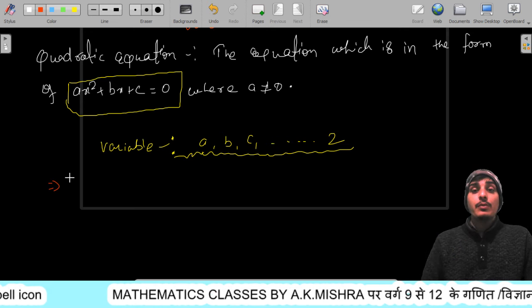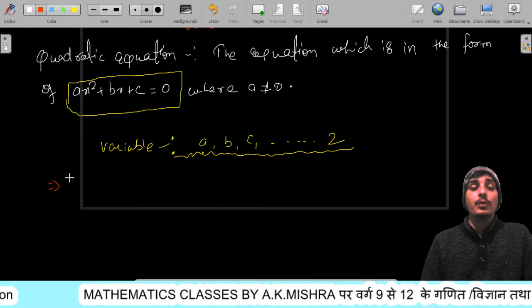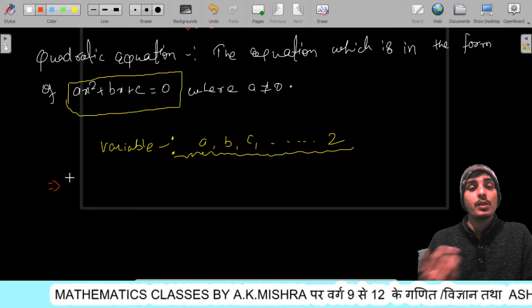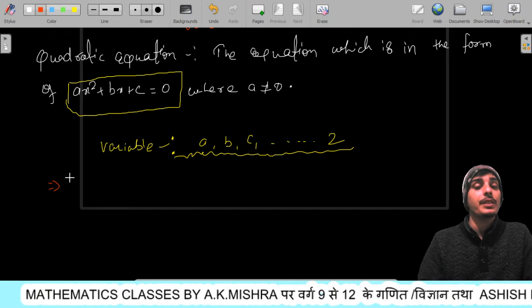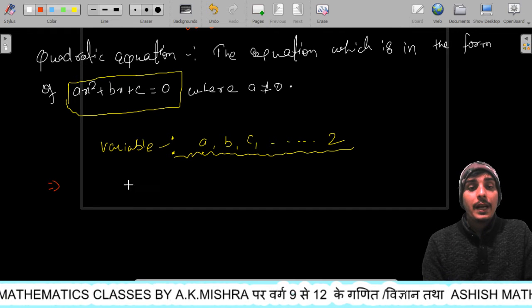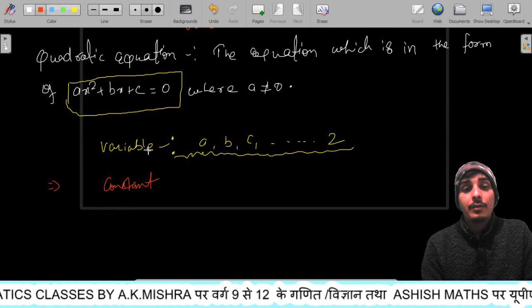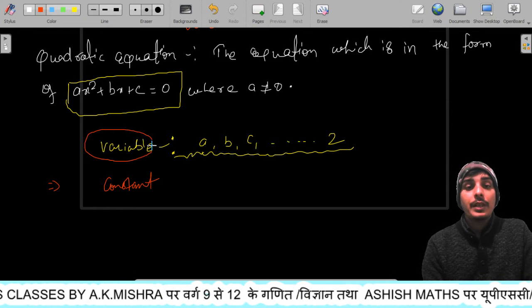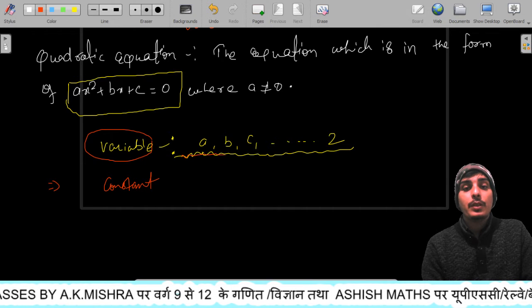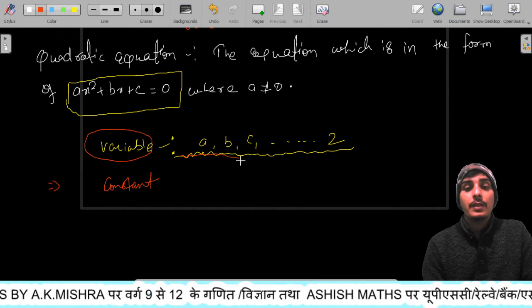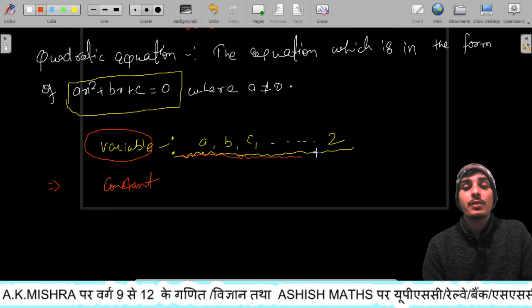The quadratic equation is the equation in the form of ax square plus bx plus c equal to 0, where a is not equal to 0, and constants. I have also discussed variables, meaning the number used in the equation whose value always varies.